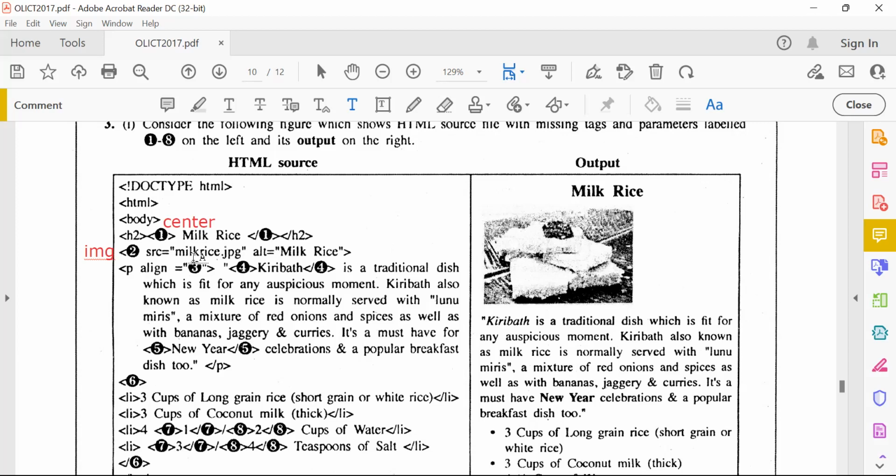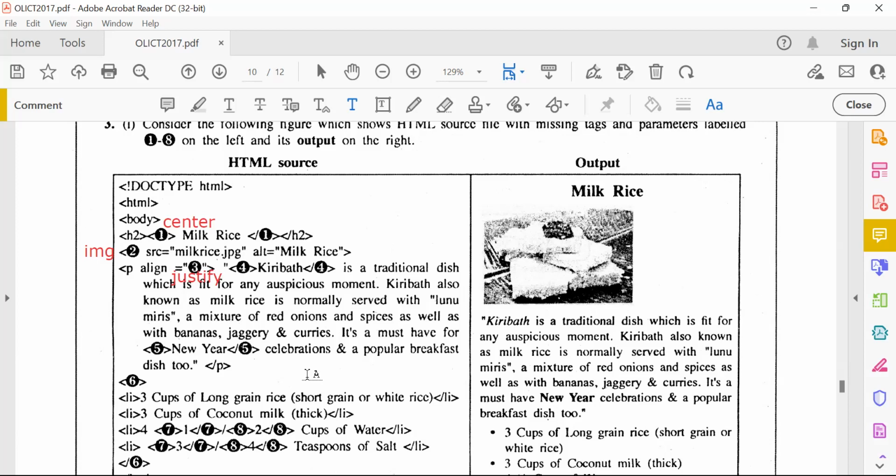When it comes to alignment, we can use left, right, center, and justify. In this particular case, you can clearly see this one is justify. It should be justified.